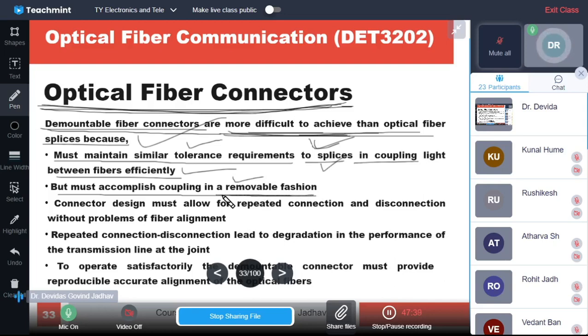It can be mounted, it can be demounted, and that's why it is more difficult. A connector design must allow for repeated connection and disconnection, isn't it? Without the problem of fiber alignment. So fiber may get wear and tear.